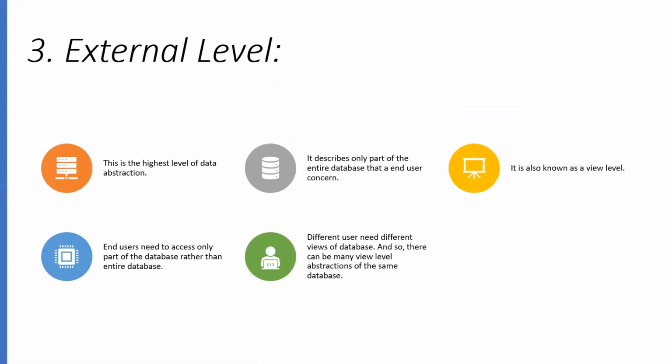The end user does not worry about the entire database. Whatever he needs, he can access through his views. That is view 1 for end user 1 and a view for end user 2, so that's why it is also called the view level. End users need to access only part of the database, not the entire database. Only a particular part is needed.